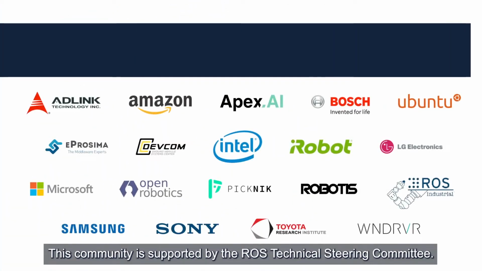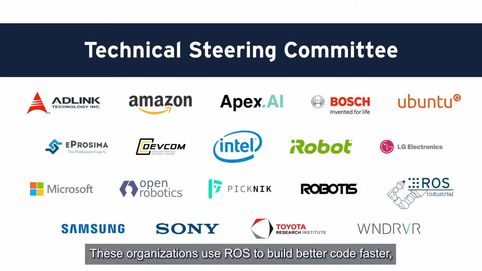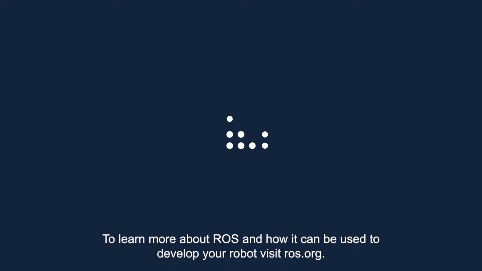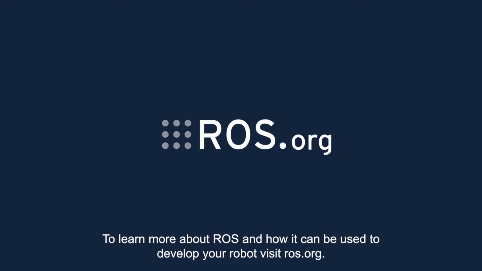This community is supported by the ROS Technical Steering Committee. These organizations use ROS to build better code faster, hire talented developers, and accelerate their time to market. To learn more about ROS and how it can be used to develop your robot, visit ros.org.